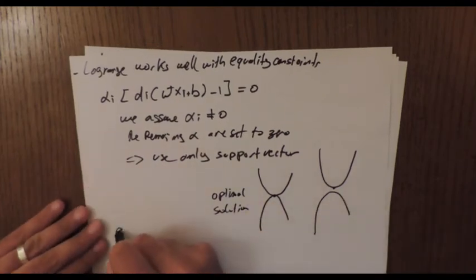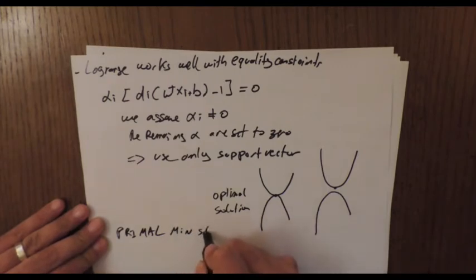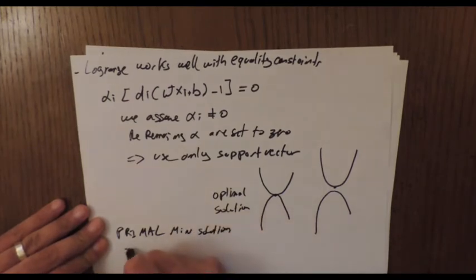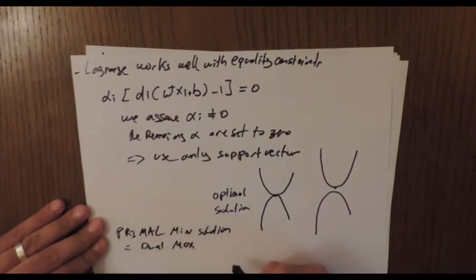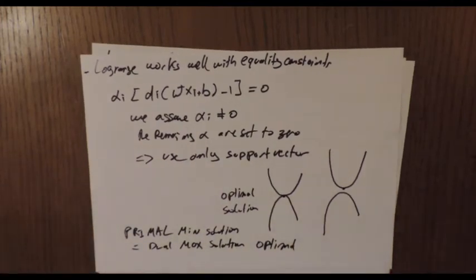So the primal, which is in this case the minimum solution, will be equal to the dual, which is finding the max of a different variable, if we can find an optimal solution. Okay, so let's try and find what is the dual function and what's the primal.